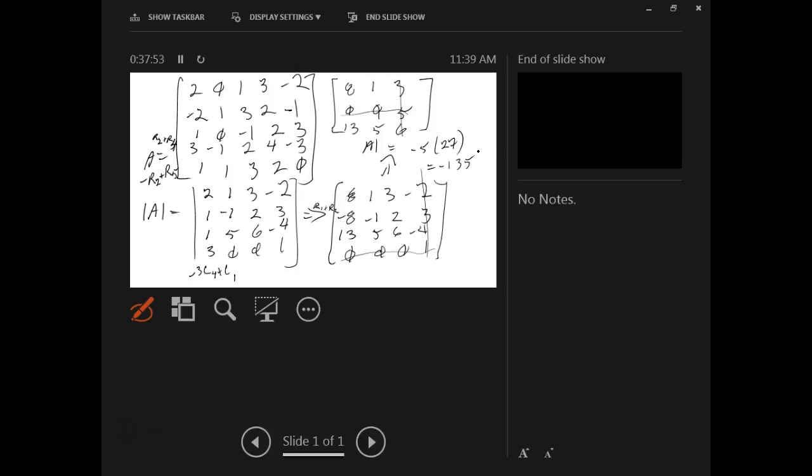Very easy to do row reduction here to get some other zeros. So I used the second row, added it to the fourth row, and got a 0 here. And then negative row 2 plus row 5 gave me a 0 there. Well, I've already erased that. Sorry about that.